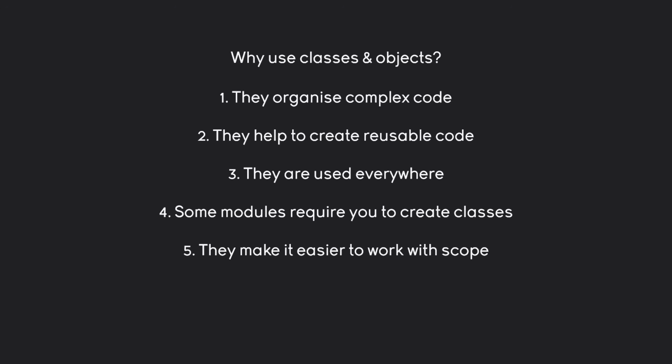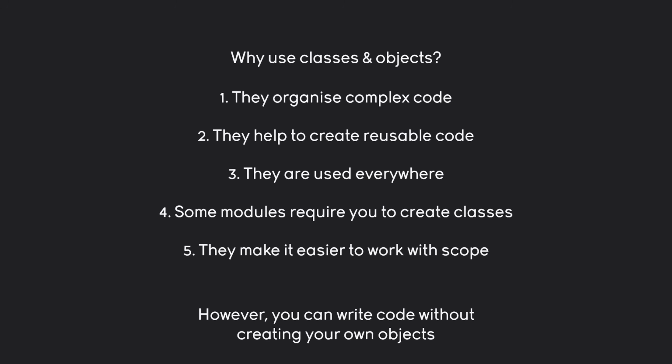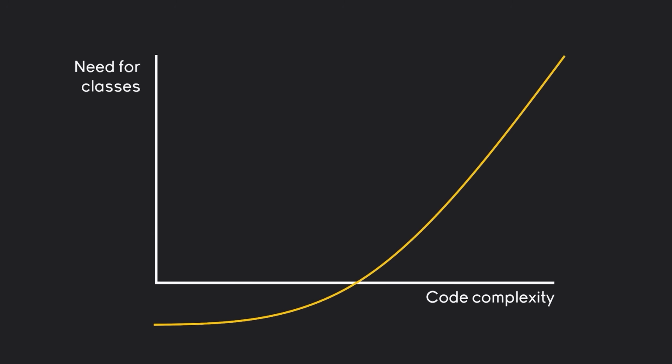So these are the arguments why you would want to use classes and objects. However, you can write code without using objects at all. And this is very common, especially for beginners. And let me illustrate the problem here. The yellow line is the need for classes. And especially when you start writing code, let's say you are somewhere here, and your average program is something like 50 lines of code.